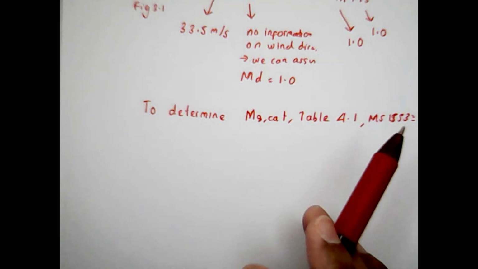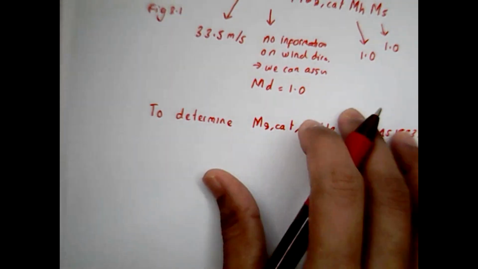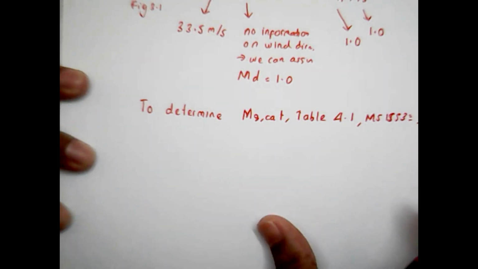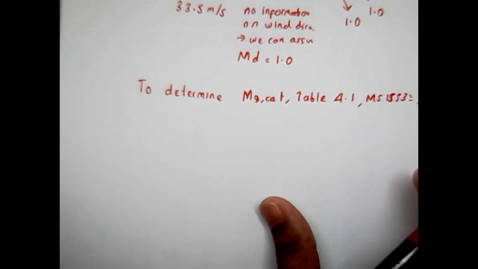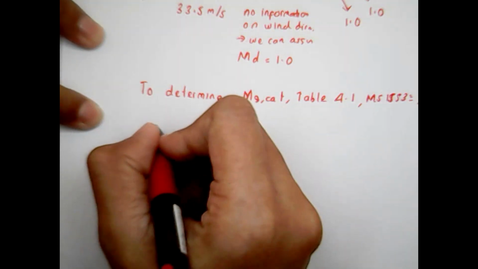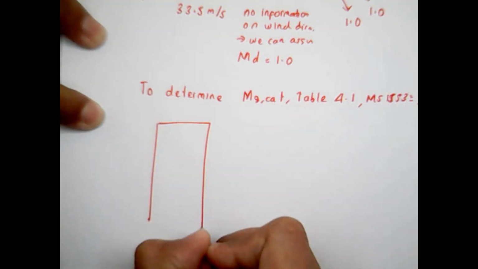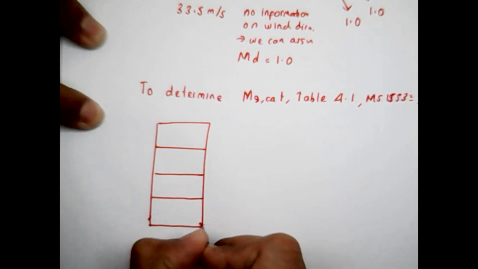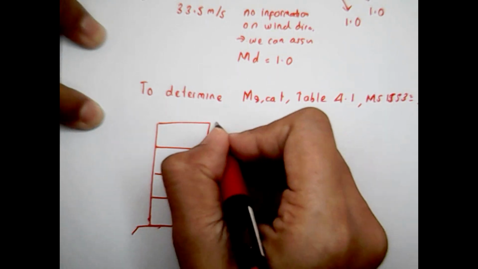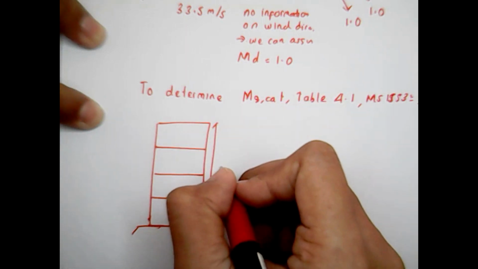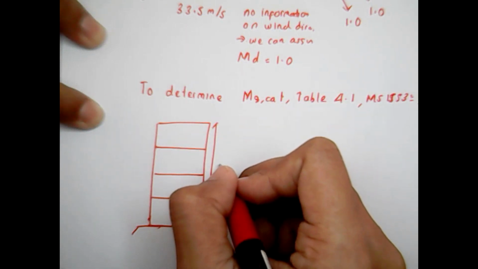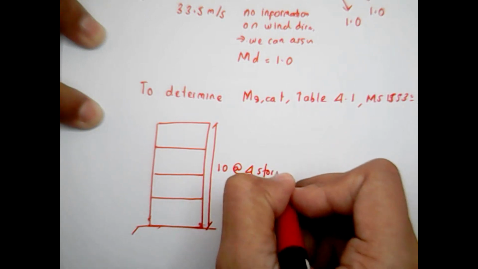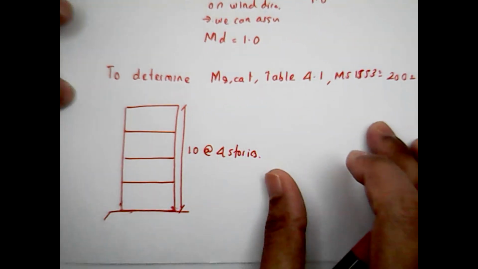Now in our example we need to find the distribution of the structures. We have a structure of 10 meter at 4 stories.